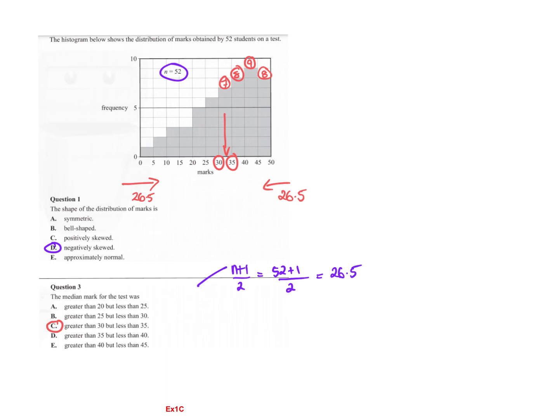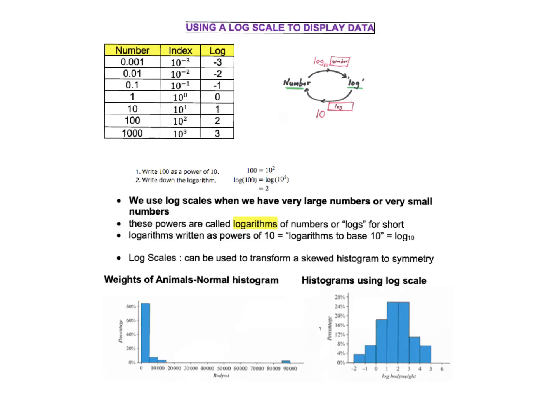C. All right, so we're going to talk about when histograms have a log scale. So when you have a log scale, a log is the way of reducing, compacting the numbers.